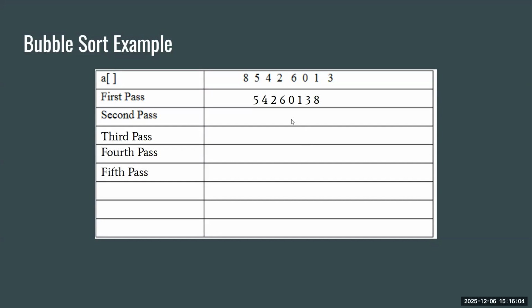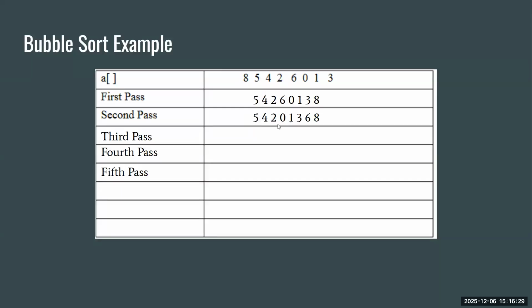And for the second pass, oh, I'm sorry, I'm thinking of selection sort. Yeah, so for bubble sort, you're going to move the largest element to the end of the list. And so for the next pass, you see that 8 goes to the end of the list.